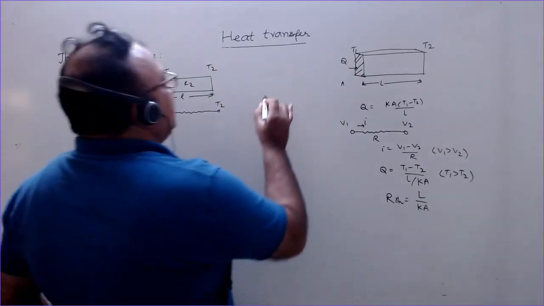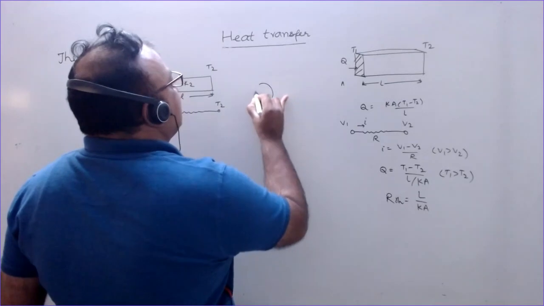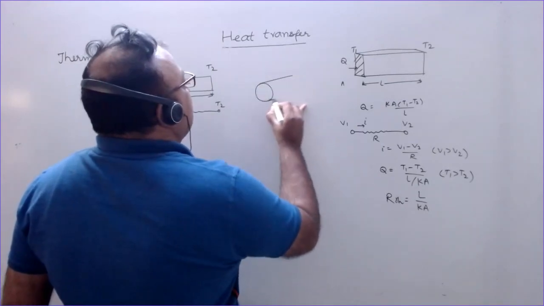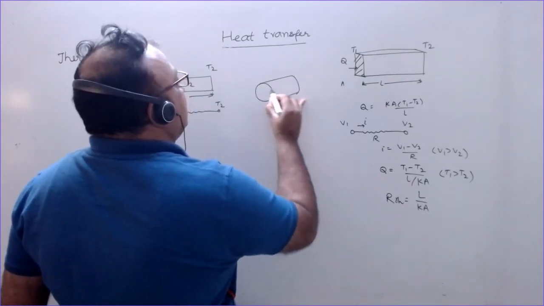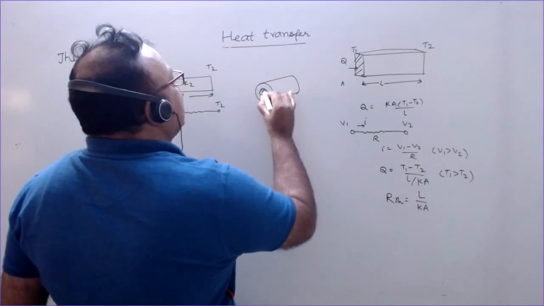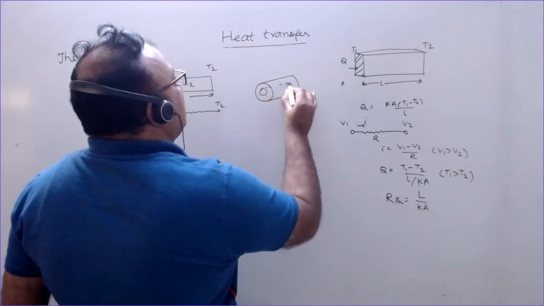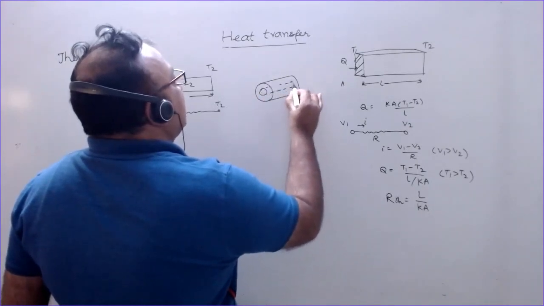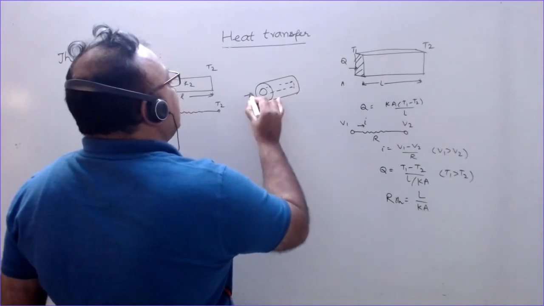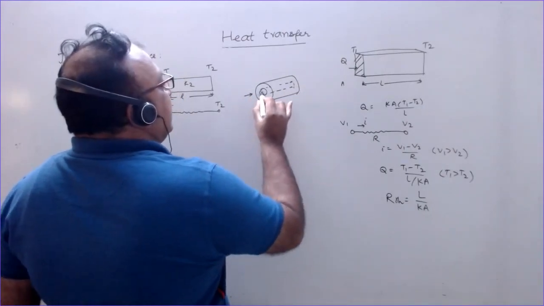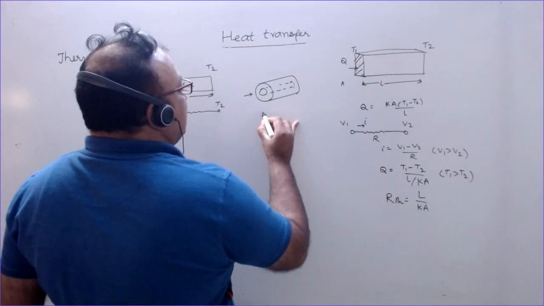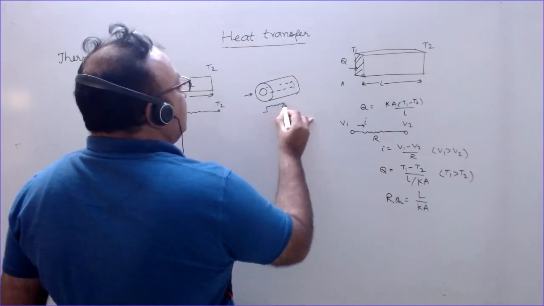Otherwise, suppose we have this rod or a bar which is assumed to be hollow, and inside this there is another bar which is solid. They are connected like this. The heat is flowing in this way. So here you can show that the heat is divided into two parts.